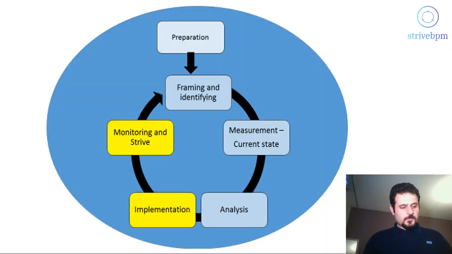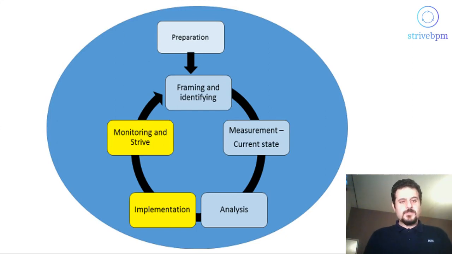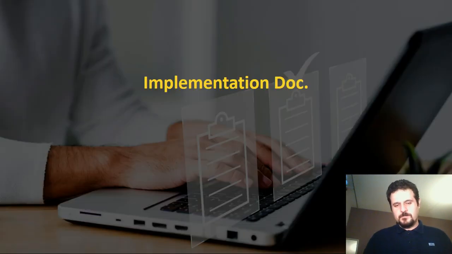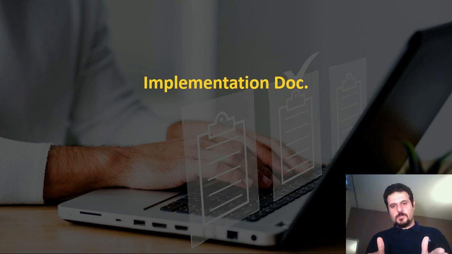Now let's dive into the two last steps: implementation, and monitoring and strive in BPM. At first, I want to talk about the implementation document. Here, when we want to move from the analyst to the IT team, we need to translate the processes to an IT solution.